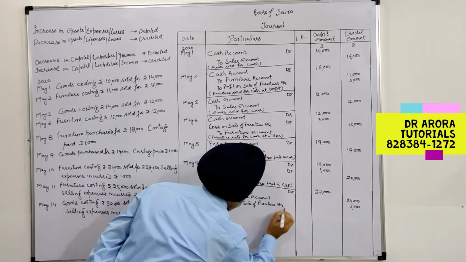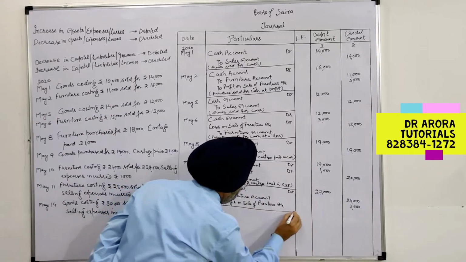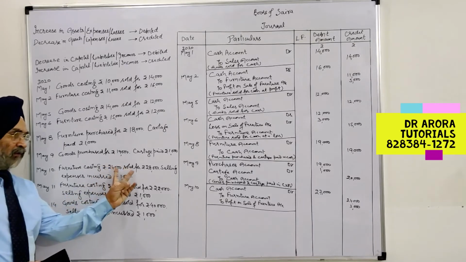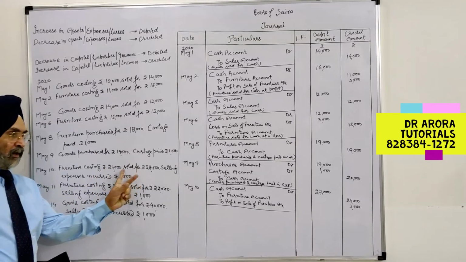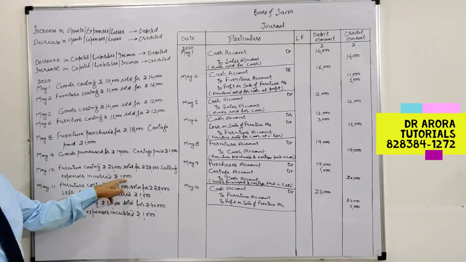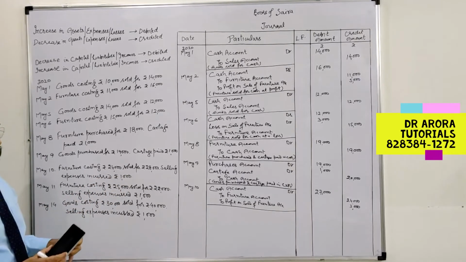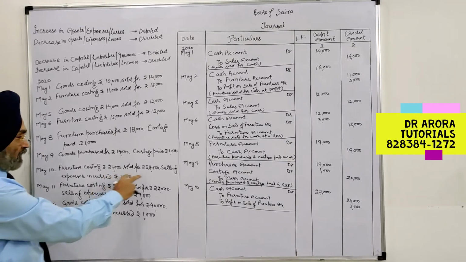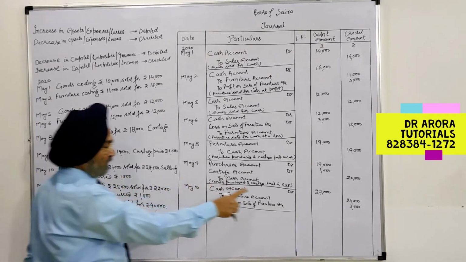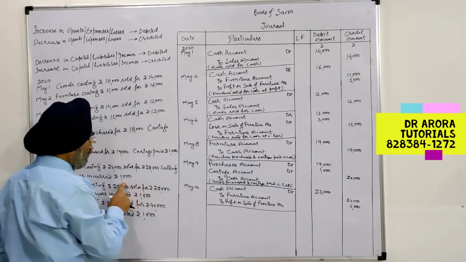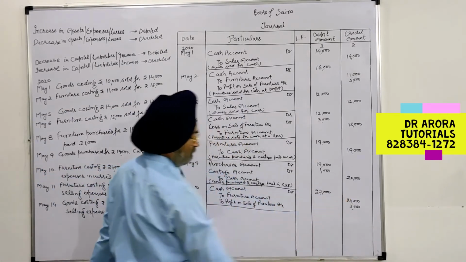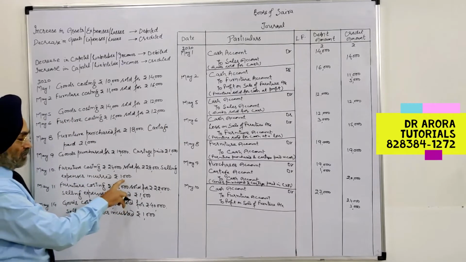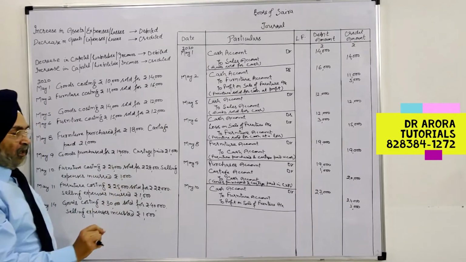Just see, otherwise the profit would have been 4,000, but because of this selling expense our profit will be reduced by 1,000. So two treatments of this selling expense: one, we deducted cash, and second, we deducted our profit. Otherwise the profit would have been 4,000, but because of the expense the profit is reduced.